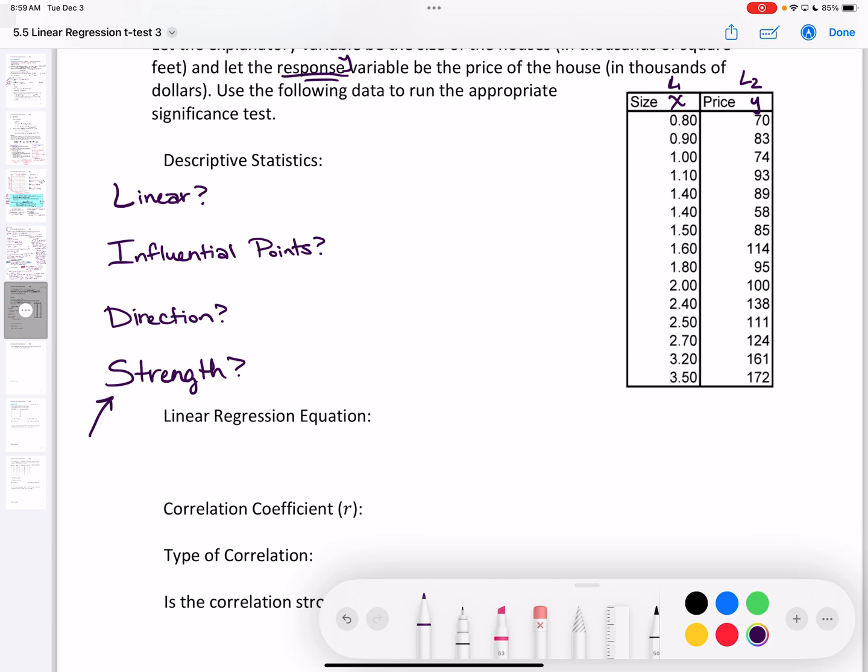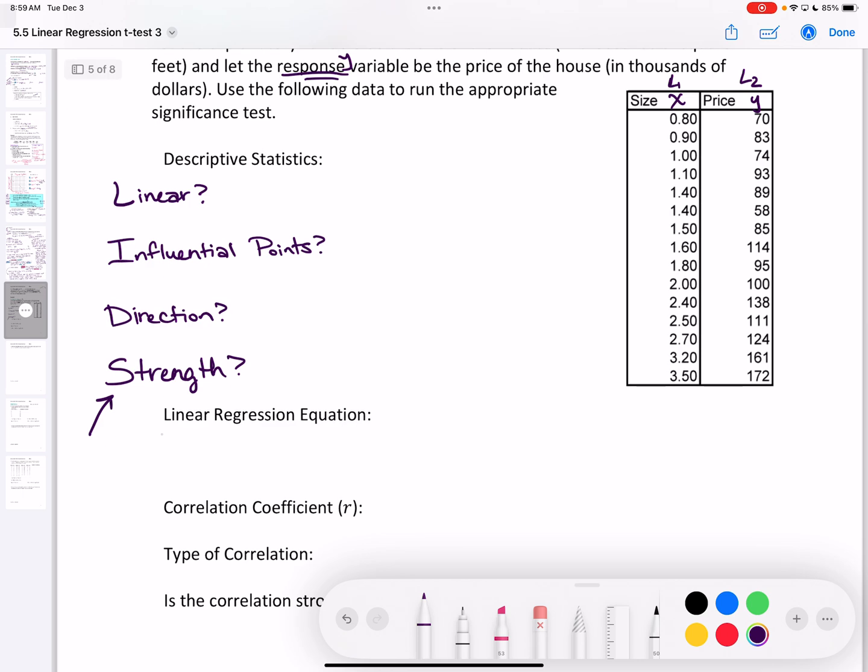The R thing. How do you get the R thing, though? Actually run the linear regression equation. Okay, so you actually have to do this first. Otherwise, you're not going to have R.